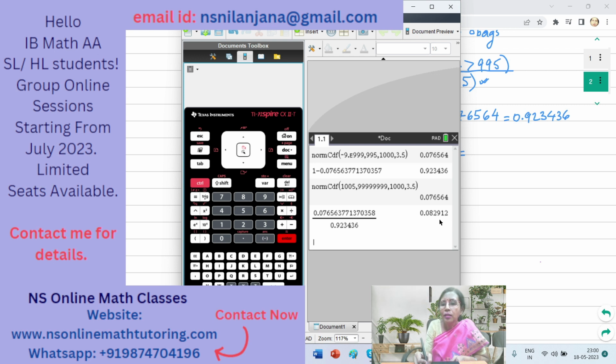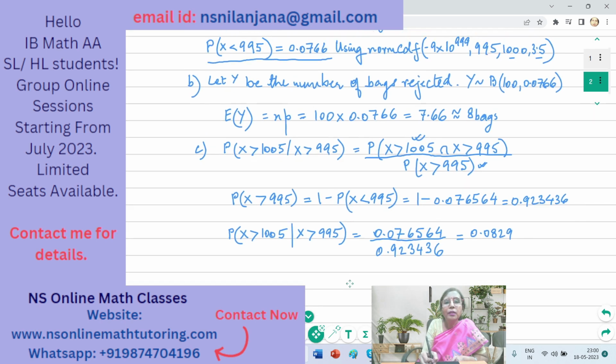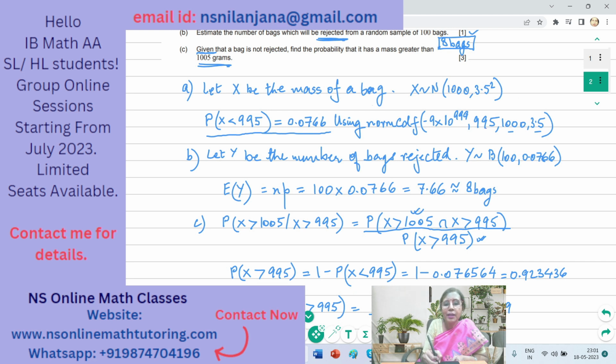The result is 0.0829, up to 3 significant figures. So the answer for subpart C is 0.0829.